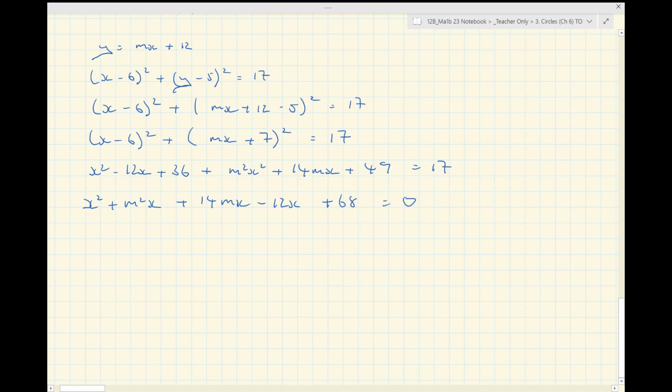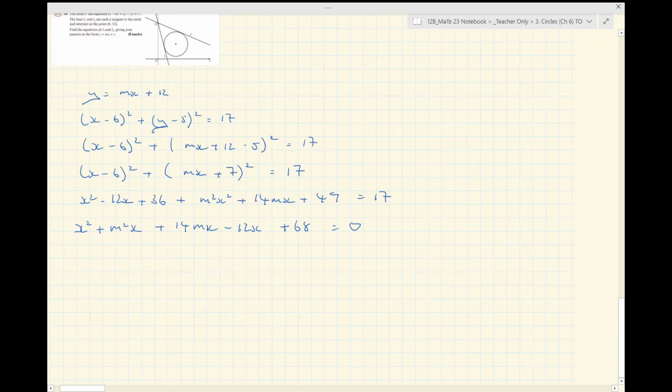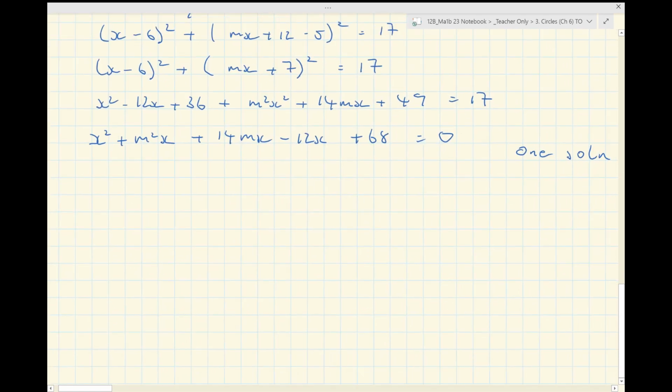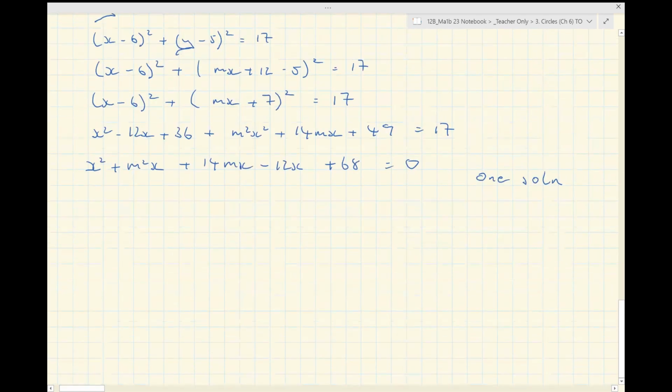Now, if I were to solve this equation, I would be finding the points which my line, y equals mx plus 12, has in common with the circle. But I'm going to restrict this because I want there to only be one solution. So I'm going to fix this so that the discriminant is 0, because that will mean there's only one solution. Before I do that, let's just make our coefficients very clear on our x squareds and our x's.